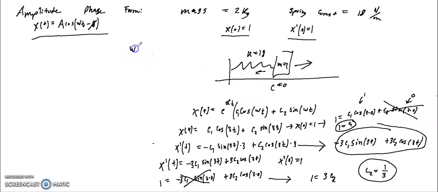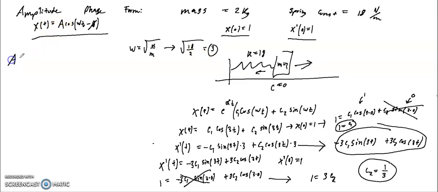And, well, again, omega is the square root of k over m, or it's just beta, but let's just plug in our values. So k is 18, m is 2, we get the square root of 9, which is just 3. So omega is 3.